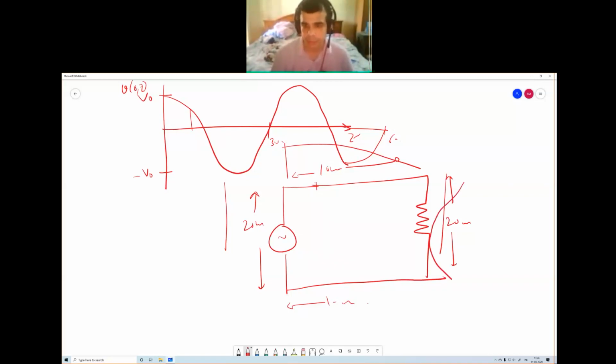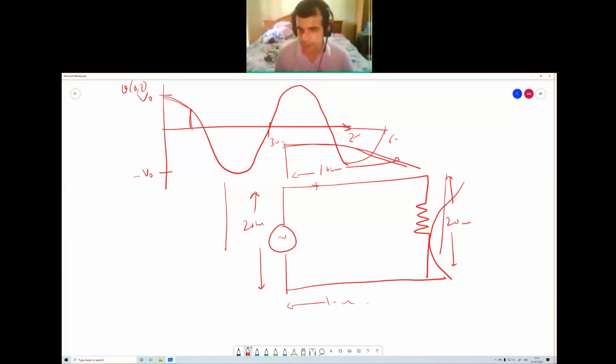Correct? This is my waveform, which starts from 0. It will fall like this, up to this it will fall. Agreed? At time instant of 0, the waveform would go down like this along the circuit.